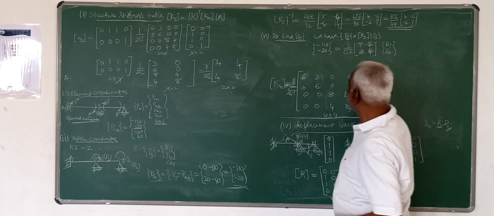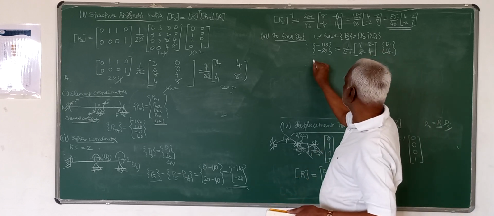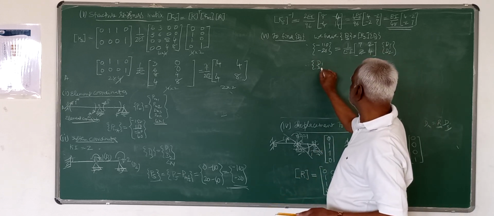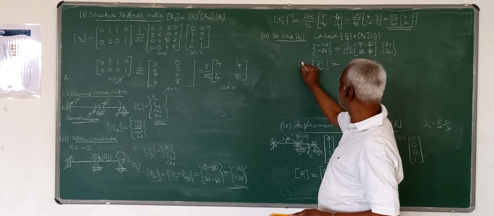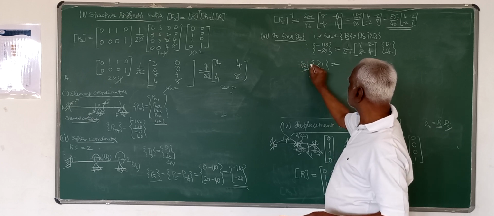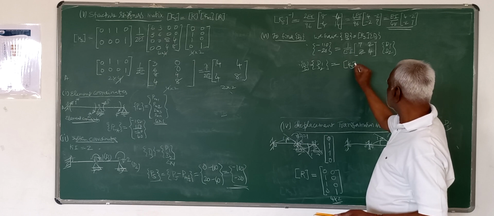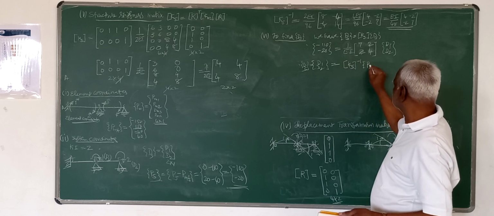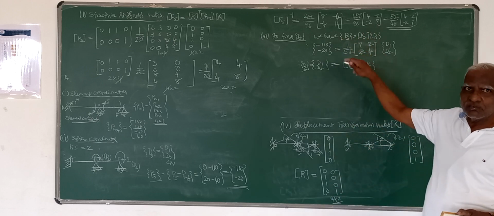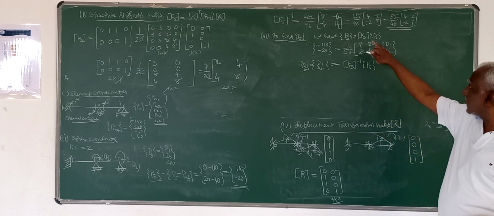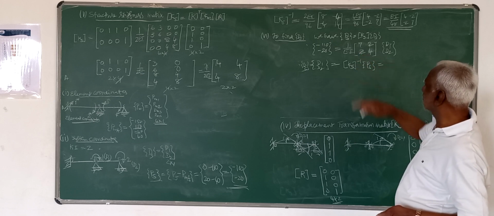So now you multiply this. Therefore, D1, D2 is nothing but Ds. Therefore, Ds equals D1, D2, which is nothing but Ks inverse Ps. Dividing by 1 over EI means it is Ks inverse. So that is nothing but the inverse of this.